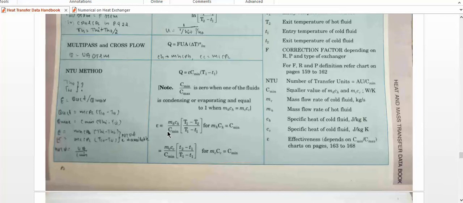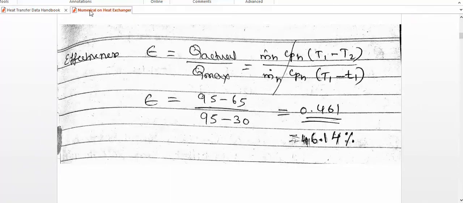So you just substitute here, these both terms get cancelled and the remaining term will be T1 minus T2 divided by T1 minus t1 only. So the expression will be something like this.